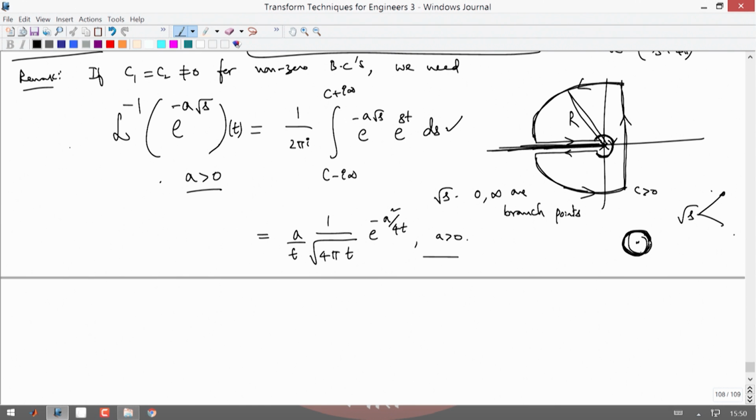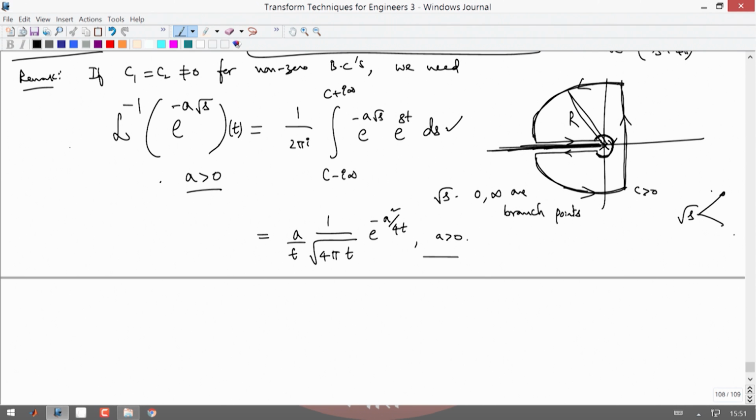If you connect these 2 points, 0 and infinity, wherever you like, and remove that from the s complex plane, then the function root s will be a single valued function. That means e power minus a root s is also a single valued function.